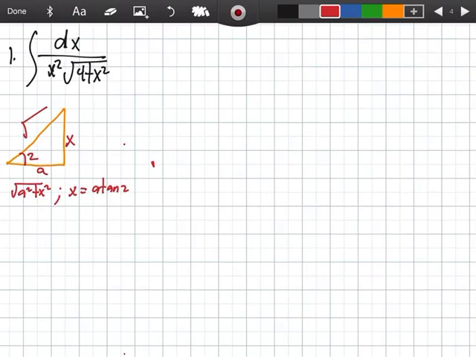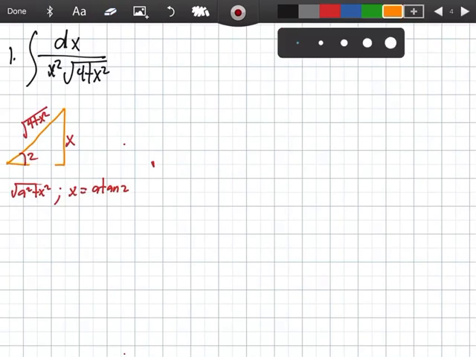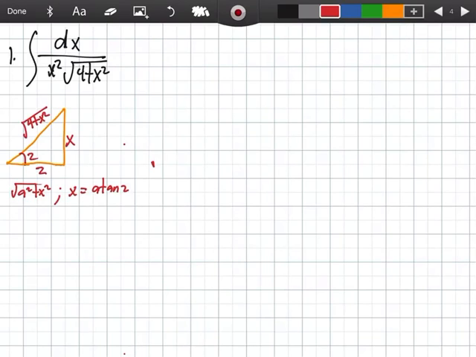Here, our hypotenuse is the square root of 4 plus x squared, meaning a is the square root of 4, which is 2. So x is equal to 2 tan z. Then, since we're going to transform it, we get dx, and dx is 2 secant squared z dz.